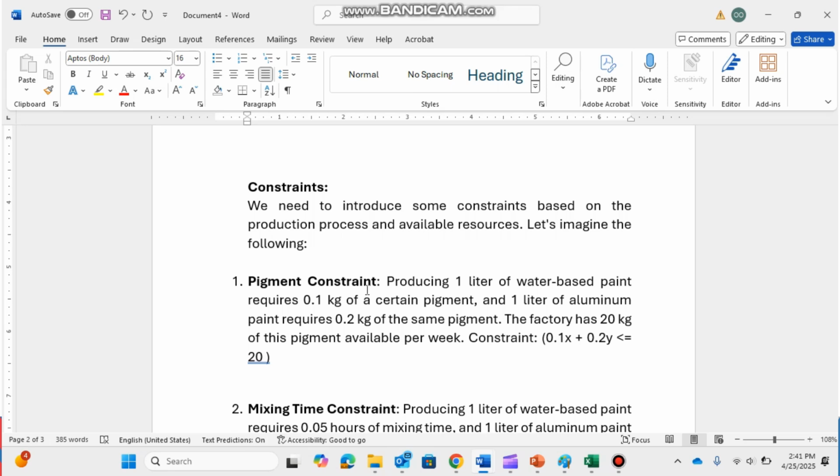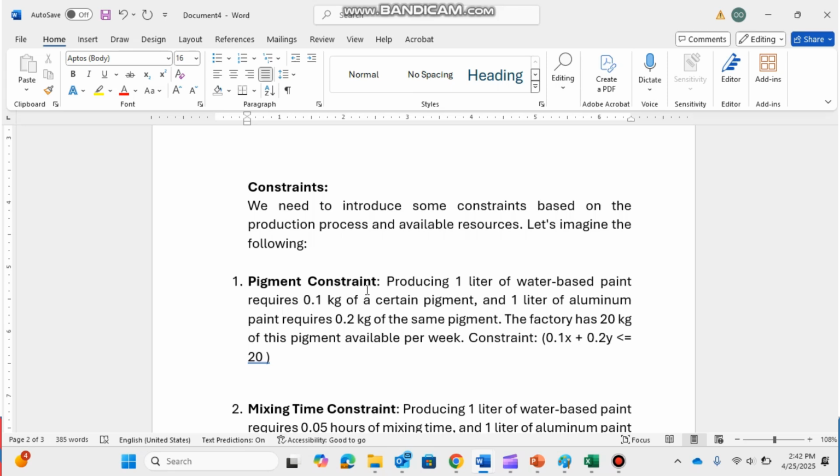Remember, one of the examples that we explained in the previous video is constraints using resource availability. When we look at our resource availability, we have to look at what materials are available for us to make a certain production.